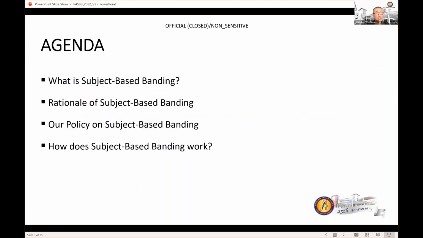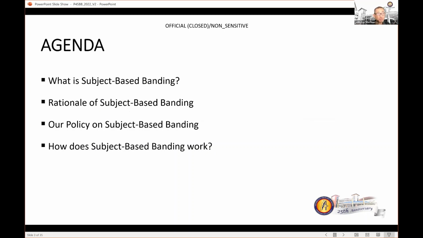All right, so today's agenda is really about sharing with everyone what is subject-based banding, the rationale for subject-based banding, and our school policy on subject-based banding, which is probably slightly different. I think the rationale of subject-based banding is a nationwide framework that every school abides by.